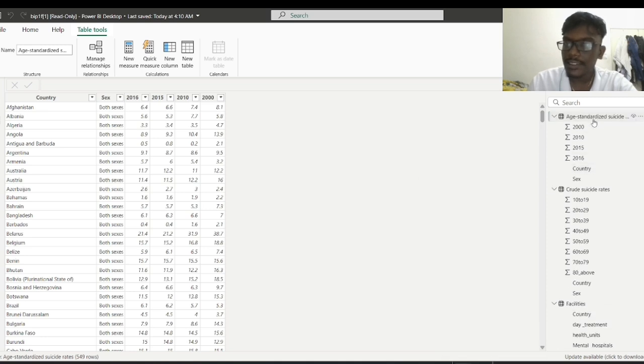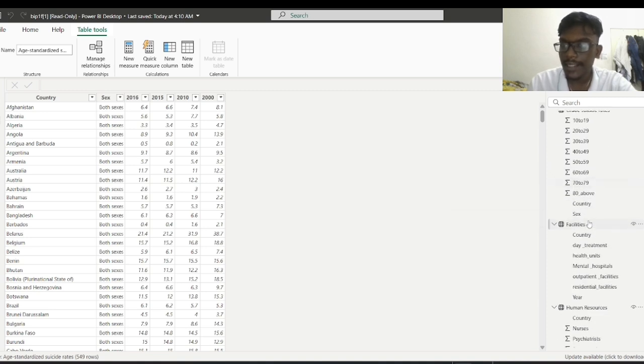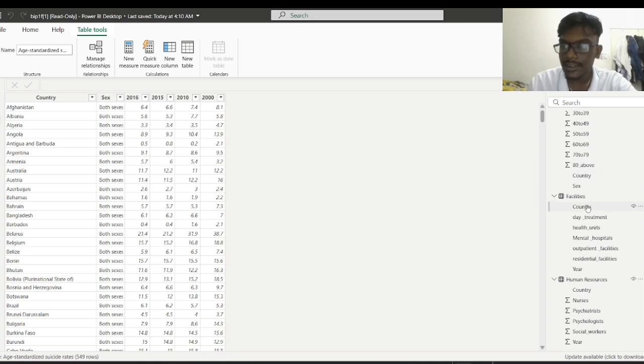So for the age standardized, it shows the year and also country and sex. For crude suicide rates, it shows the age between 10 to 19, 20 to 29, 30 to 39, 40 to 49, 50 to 59, 60 to 69, 70 to 79, and 80 above, and also country and sex.